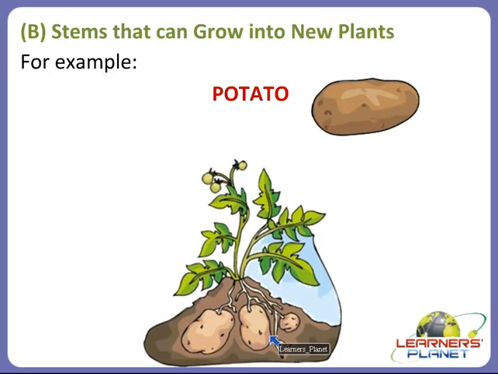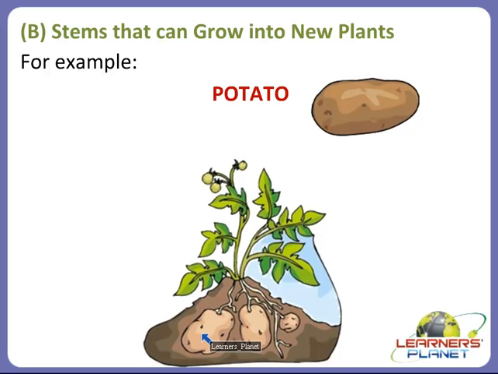It has buds on the surface of it, right? And these buds are called eyes. Any piece of potato with an eye can grow into a new plant. Without this bud or without its eye, it cannot grow into a new plant.